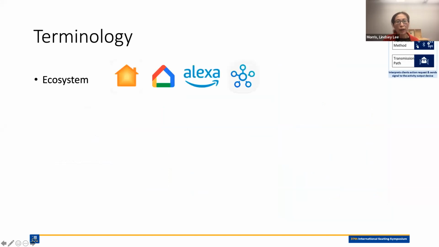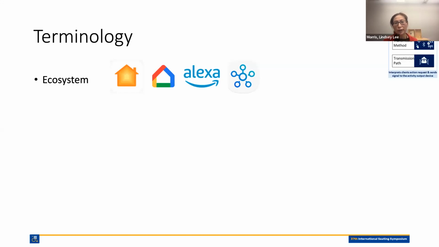The most common ecosystems would be Apple Home, Google Home, Amazon Alexa, or Samsung SmartThings. These ecosystems can take in different kinds of smart home devices from different manufacturers and put them together under one software platform.